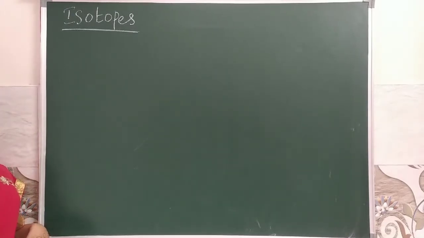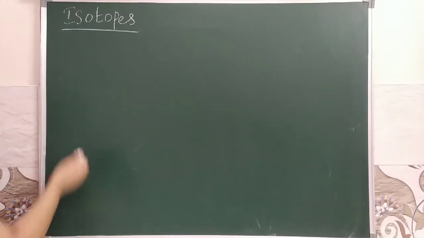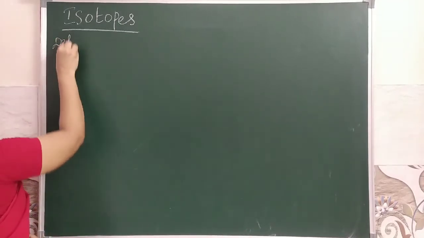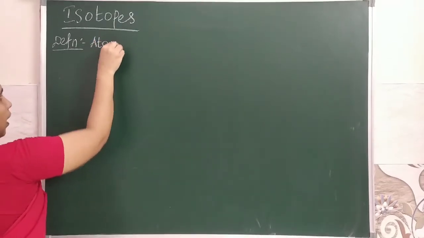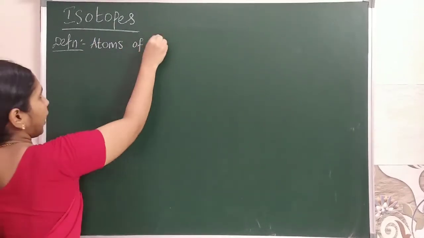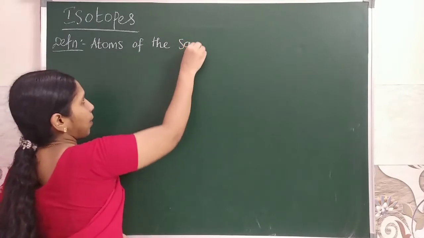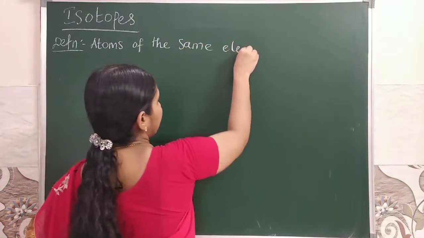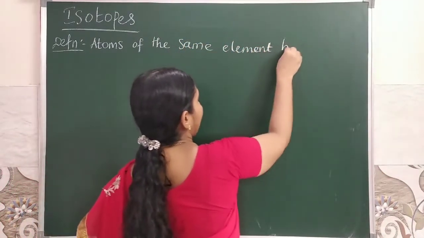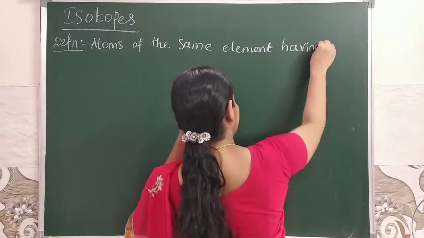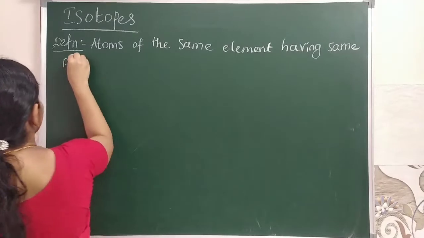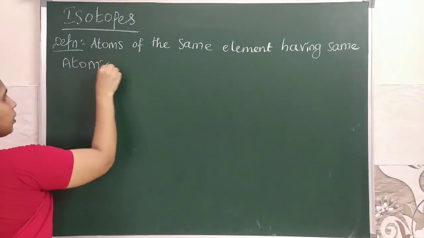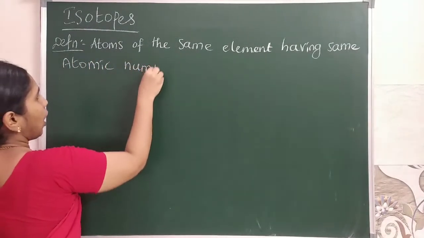So what is meant by isotopes? First you have to write the definition. Isotopes are atoms of the same element having the same atomic number but different mass number.